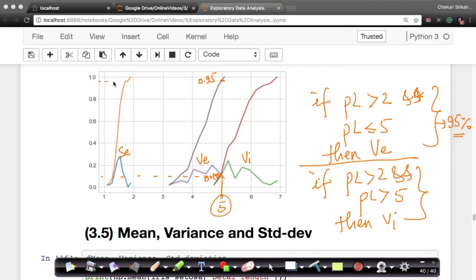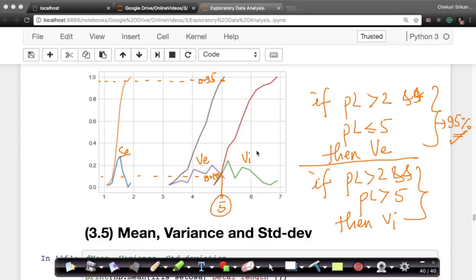This value is roughly 0.95, which means 95% of versicolor flowers have a petal length less than or equal to 5. Which means 95% of my versicolor flowers will be labeled correctly. 5% will not be labeled correctly.